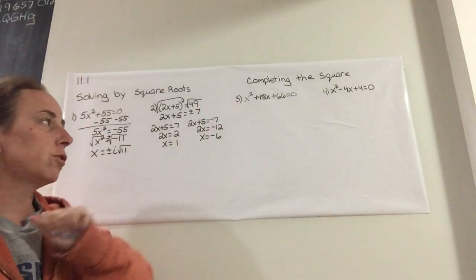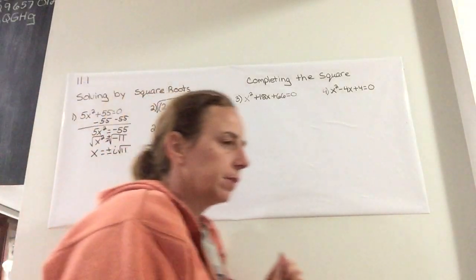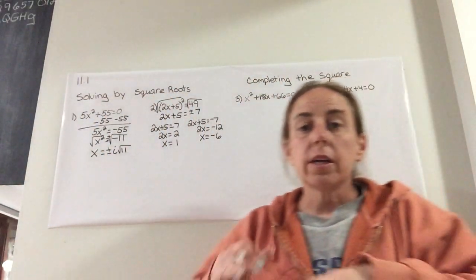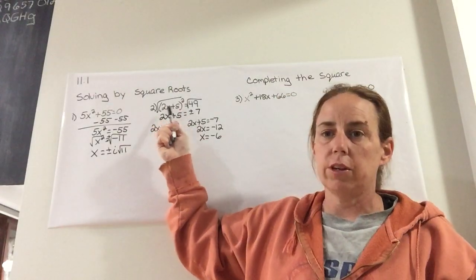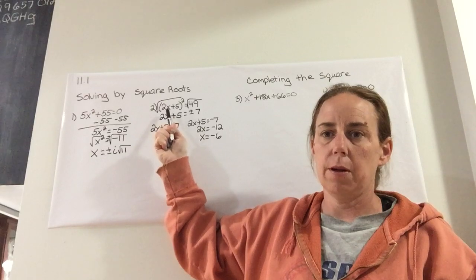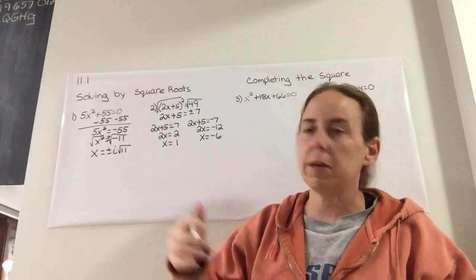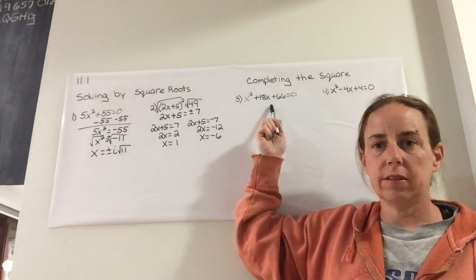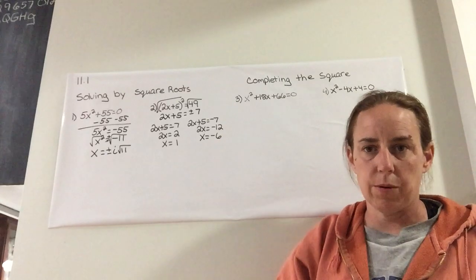Now, let's go to completing the square. The goal in completing the square is so that we get something that looks like number 2. We have a parenthesis squared equals a number. That is what our goal is, because this doesn't look like that. So we're going to get it that way.